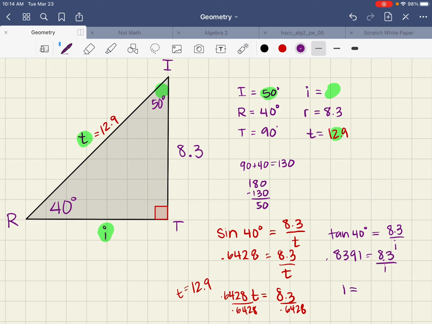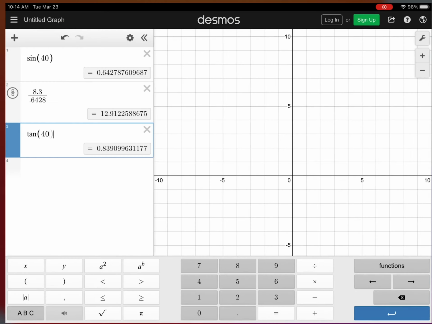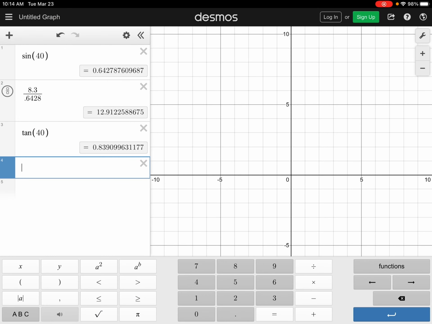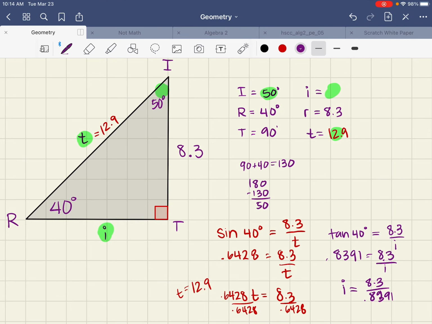I'm going to skip some steps here. We're going to go 8.3 divided by 0.8391, which comes out to 9.9. And we just found out that I is 9.9.